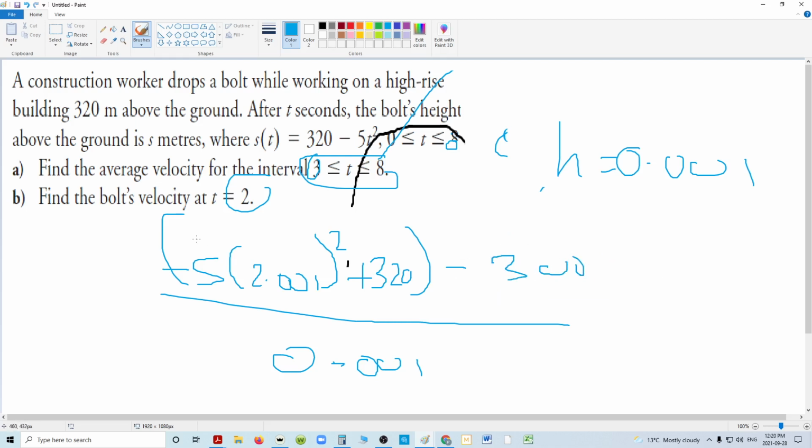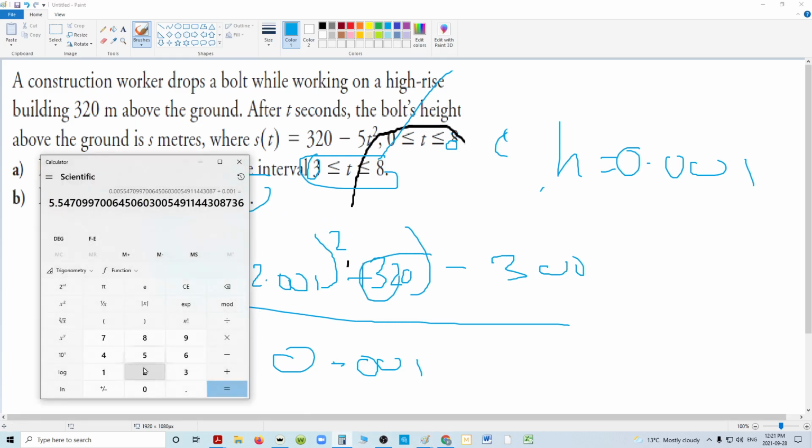All I have to do is figure out what is 2.001 squared times minus 5 plus 320. So 2.001 squared times negative 5 plus 320 is 299.97. It's going to always be very close to your f of x.